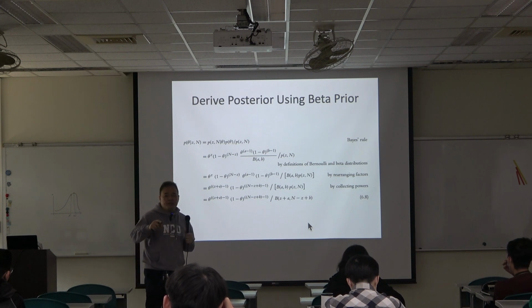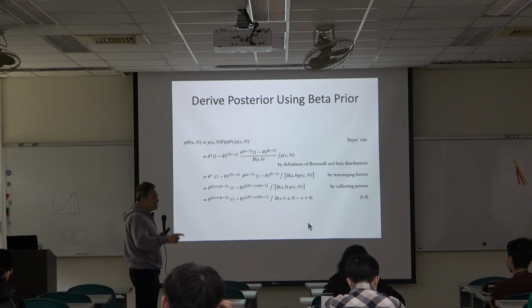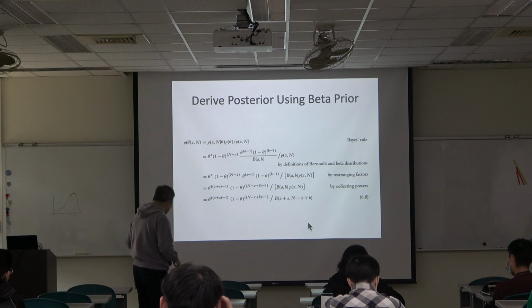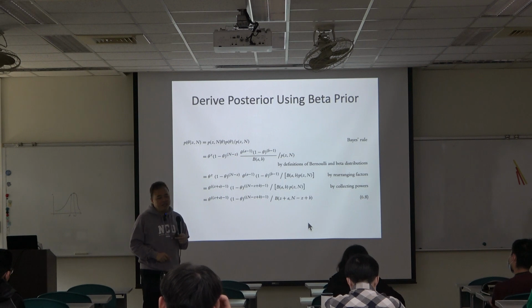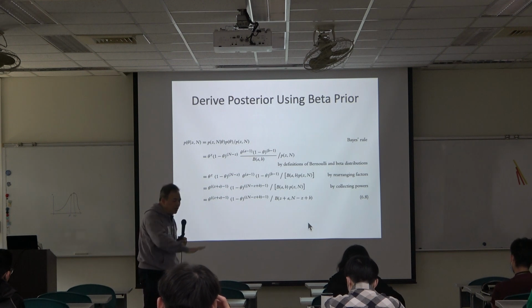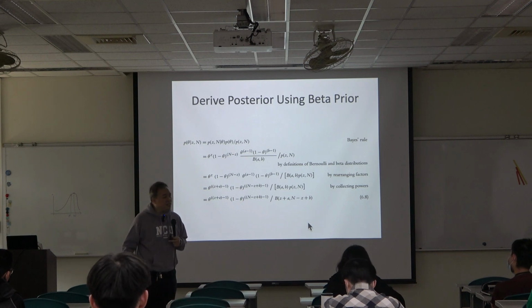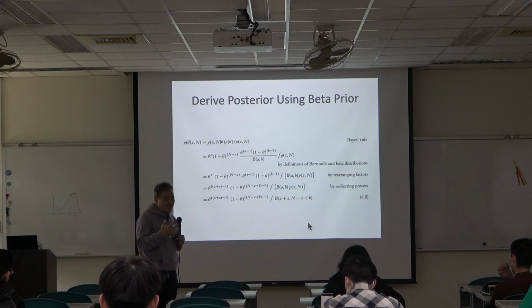Remember in coin flips, originally theta represents the parameter of the model, right? And z and n represent the collected data: how many trials you have for that coin flip, and among those trials, how many heads you have. z represents the number of heads, and n represents the number of trials.